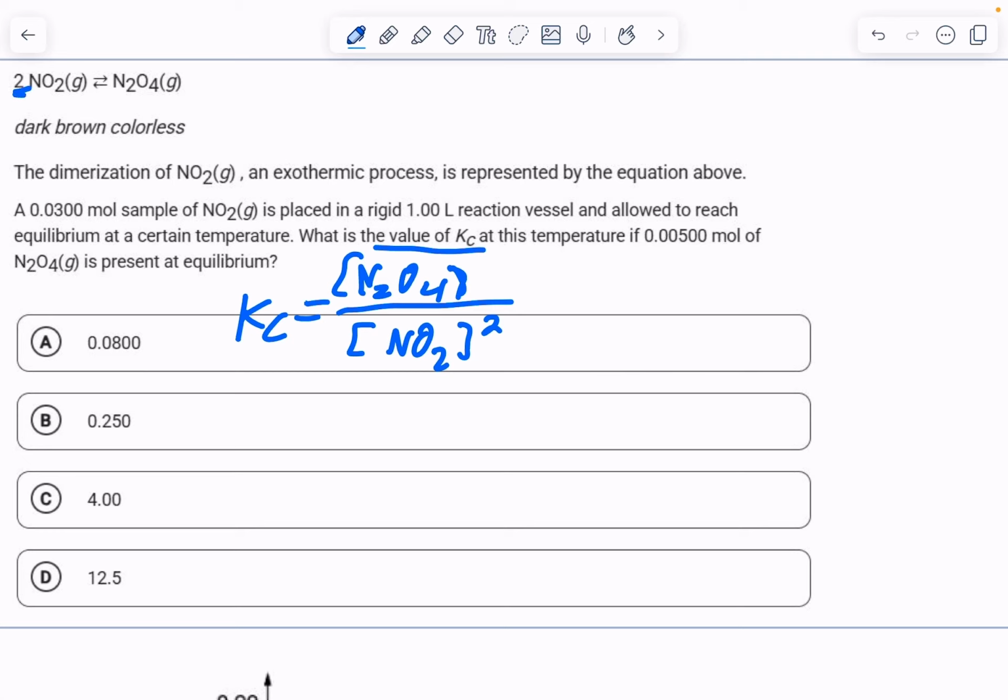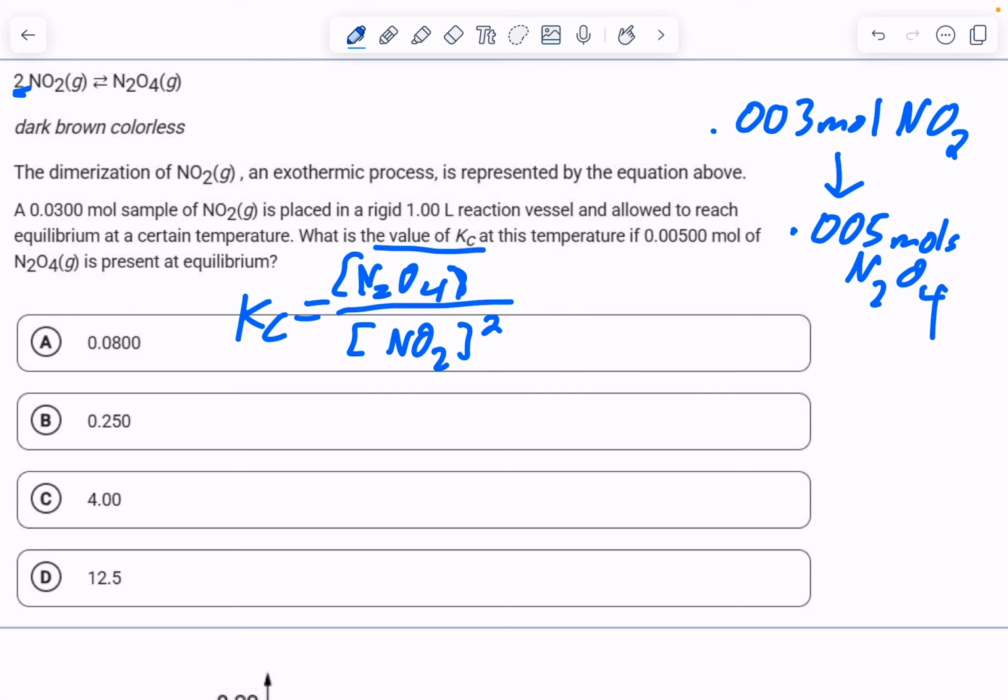Now I have to figure out those concentrations. I do know that it started with 0.003 moles of reactant, that's NO2, and it turned into 0.005 moles of N2O4, and it's at equilibrium.